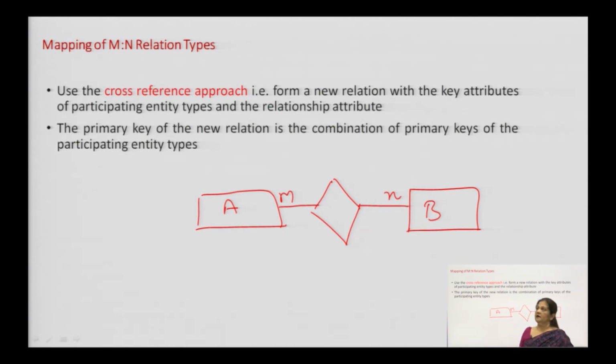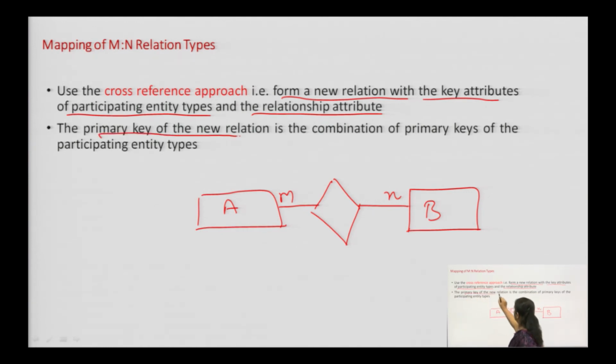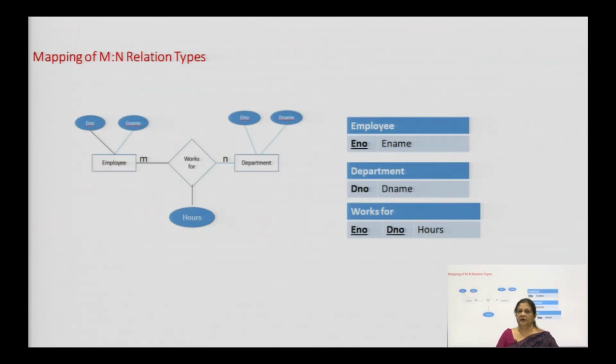We just said a cross reference approach means form a new relation with the key attributes of both the participating entity types and the relationship attribute, right. The primary key of the new relation will be now the combination of the primary keys of the participating entity types.